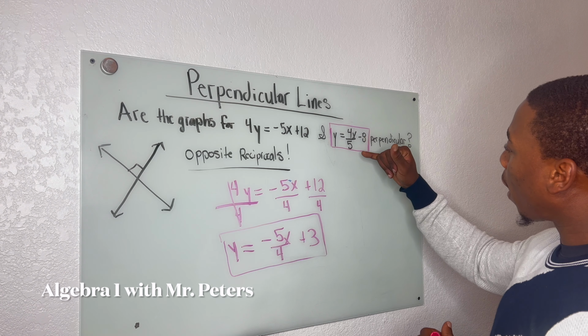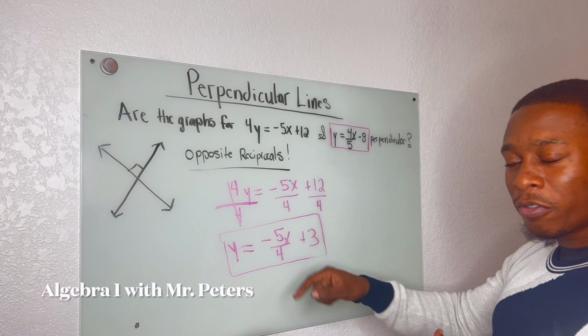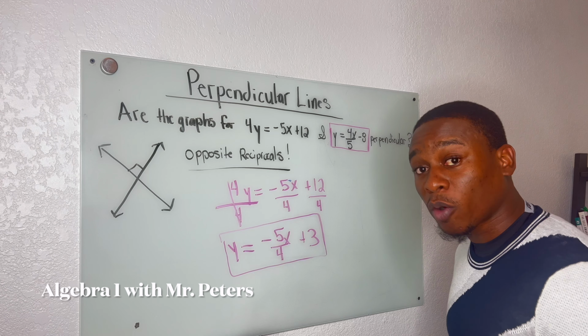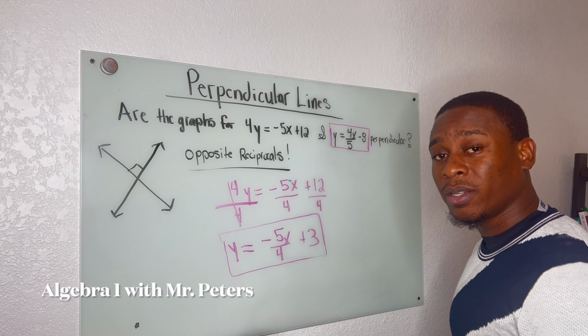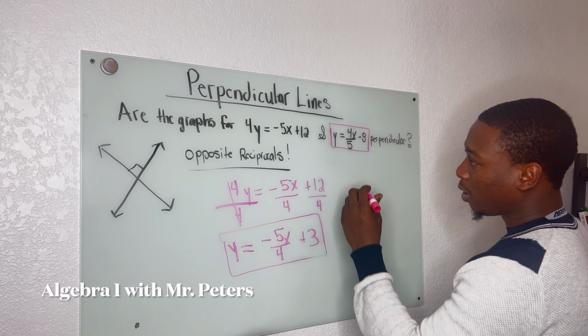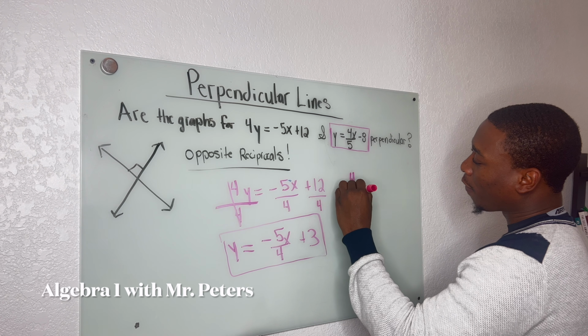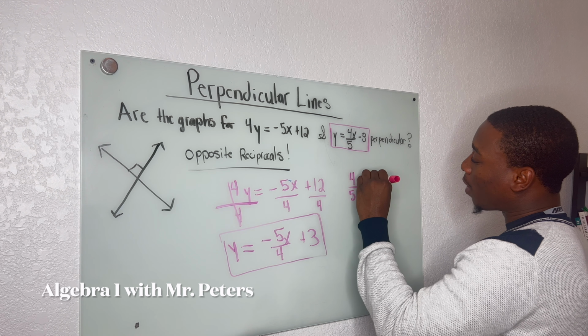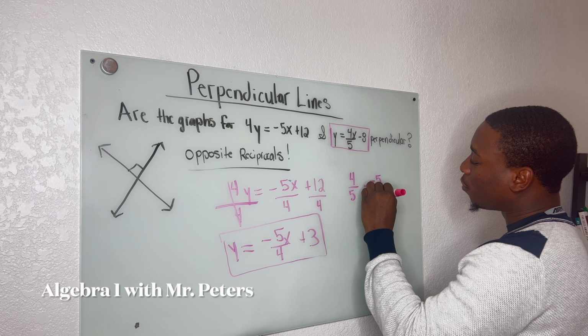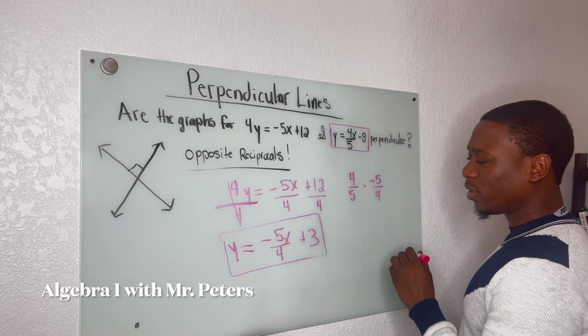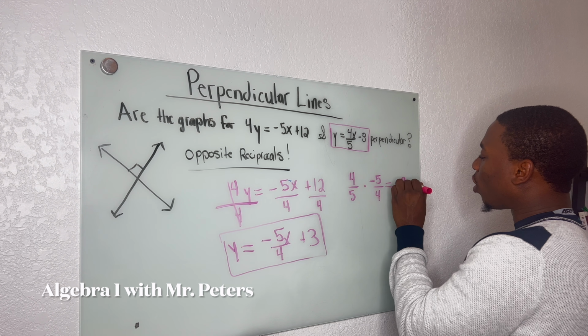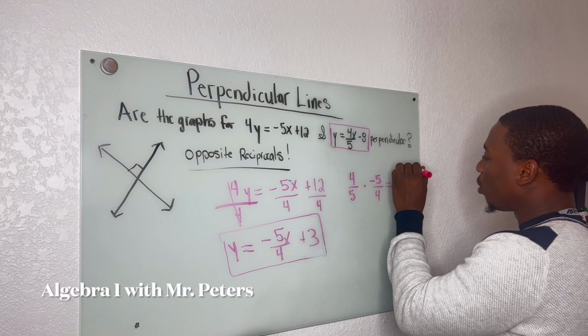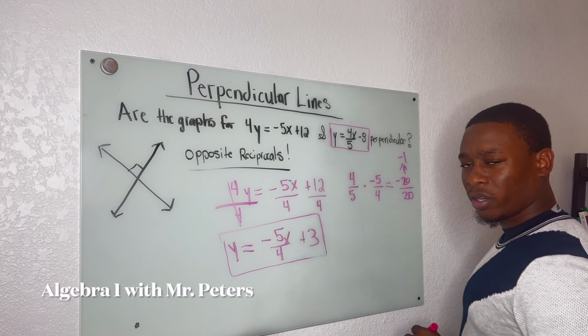So now that I'm done, I'm gonna look at them. I have 4/5 and I have negative 5/4. And I know these are going to be perpendicular because they fit our criteria, but let's just make sure. So I'm going to take 4/5 and I'm going to multiply by -5/4. And there's two ways we could do this. After we multiply straight across, we'll get -20/20, which simplifies to -1.